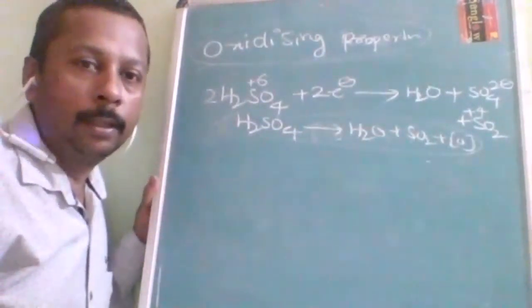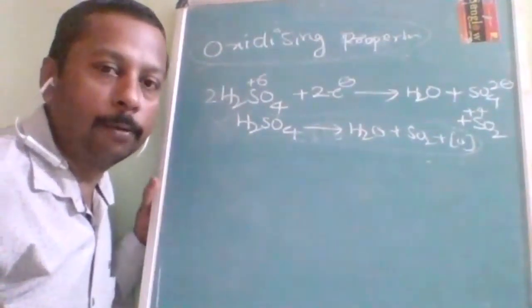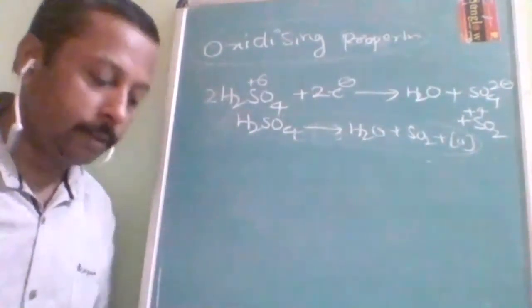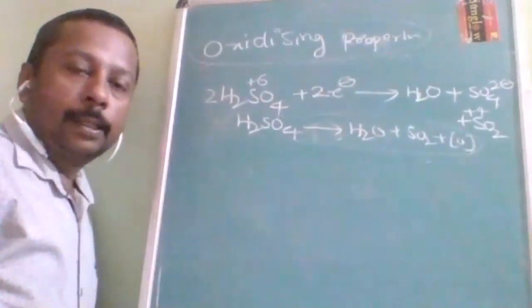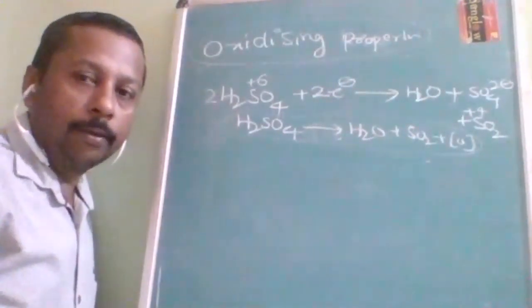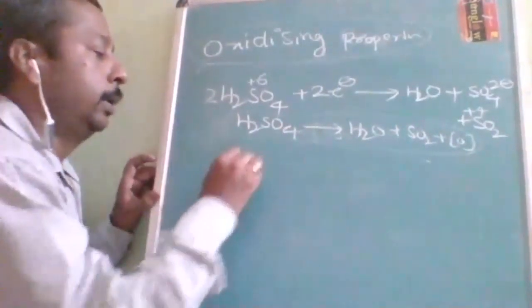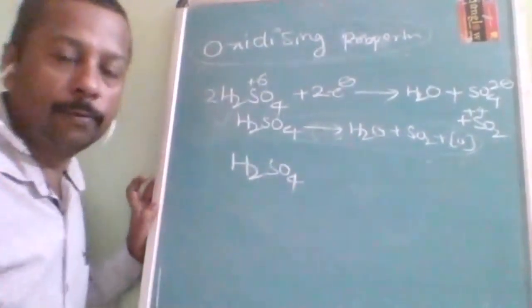Like the previous reactions, on the basis of entropy, a reaction is possible when entropy is increasing or not. Then coming to one more topic. What is the third topic I told you? Dehydrating properties of sulfuric acid. Total how many properties did I tell you? Four properties.